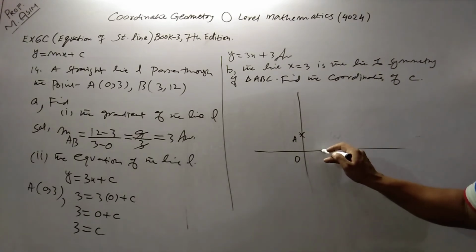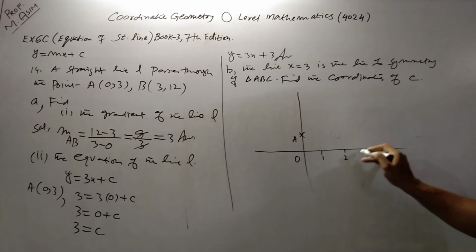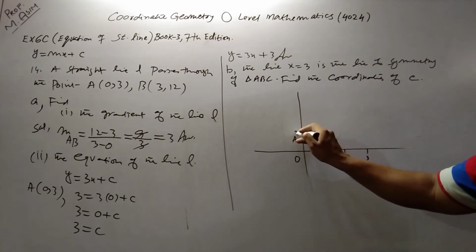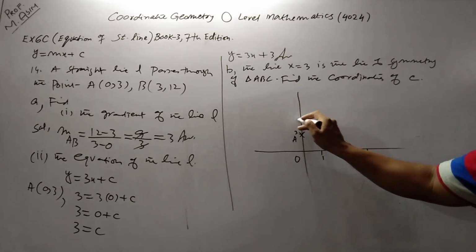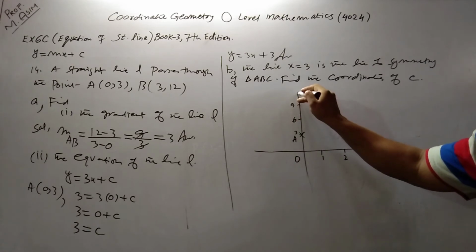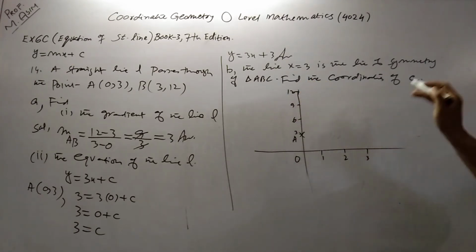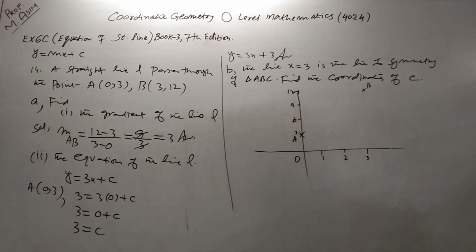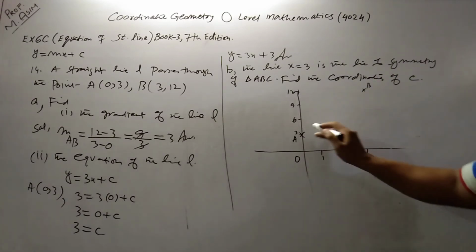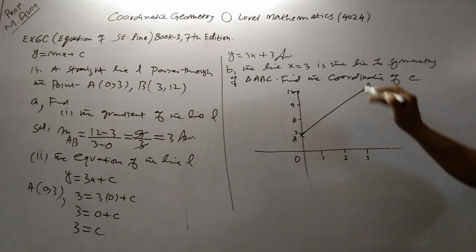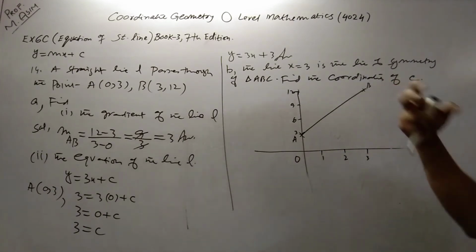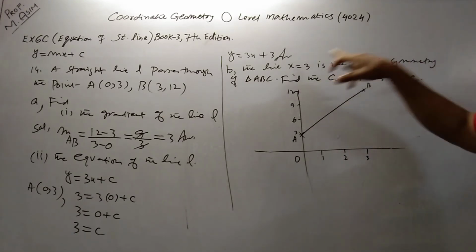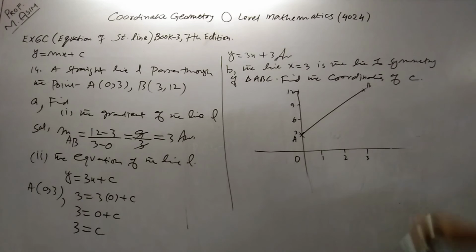So for example, this is 1, 2, 3, and then 3, 6, 9, 12. So B is (3, 12). And ABC is the triangle. Join A to B, and we need the coordinates of C, and x equals 3 is the line of symmetry.